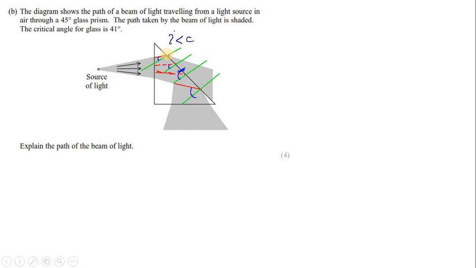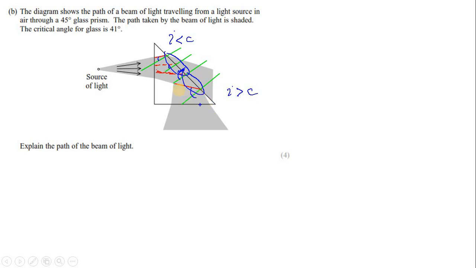So in this region you can imagine the light will be refracting, and after refracting it will be bending away from the normal. But approximately in this region, at all the points, you can imagine that the incident angle is greater than the critical angle. So you have a total internal reflection.